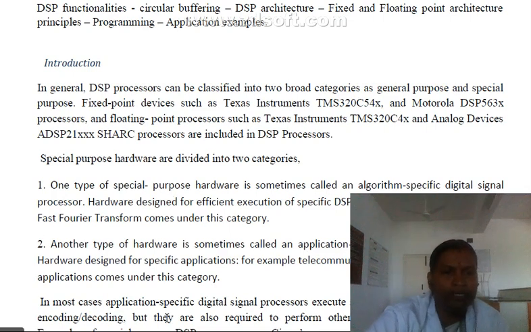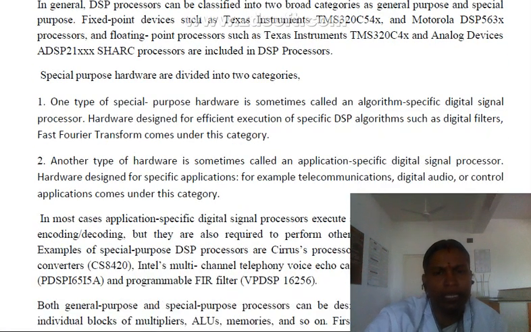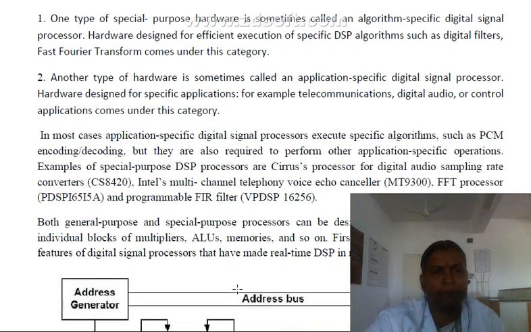In most digital signal applications the processor executes a specific algorithm such as PCM encoding and decoding, but it is also required to perform other application specific operations. Examples are an Intel multi-channel telephony voice echo canceller, FFT processor and programmable FIR filter design.